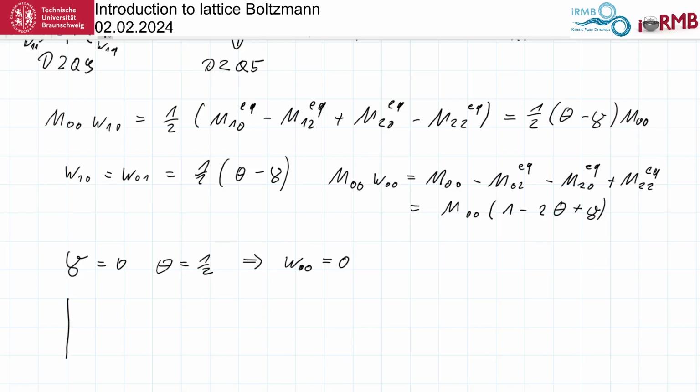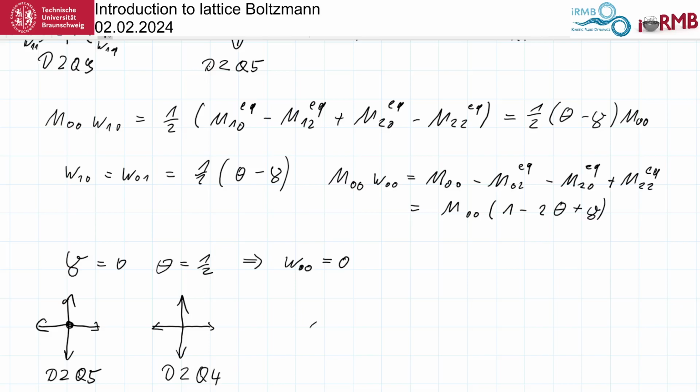Let's see. We just had this D2Q5. Now we are getting rid of the one in the middle, and we simply end up with D2Q4. Because there was no such constraint, we discovered that we can do this with only 4 speeds.